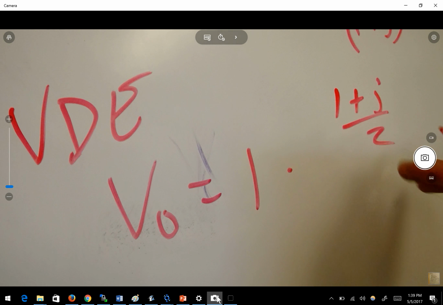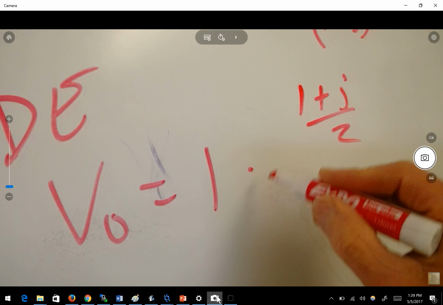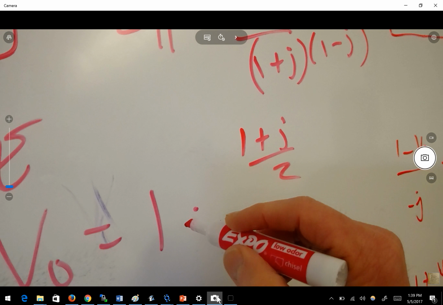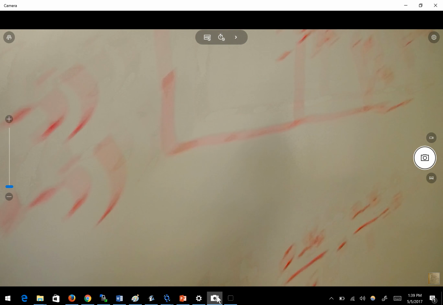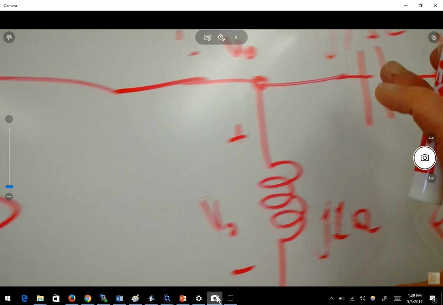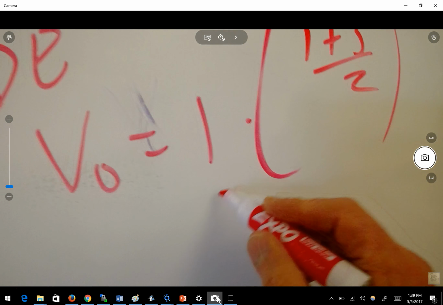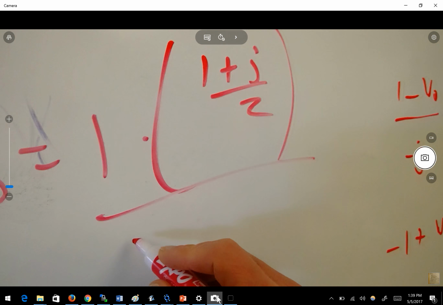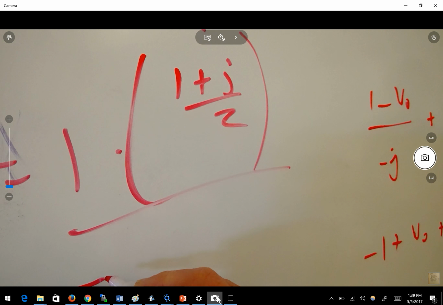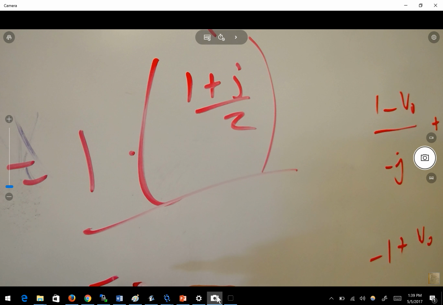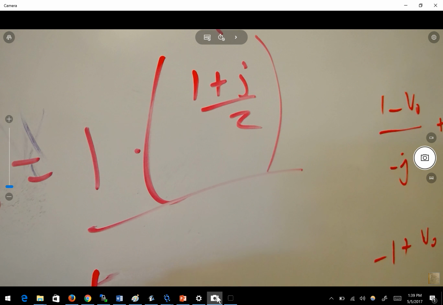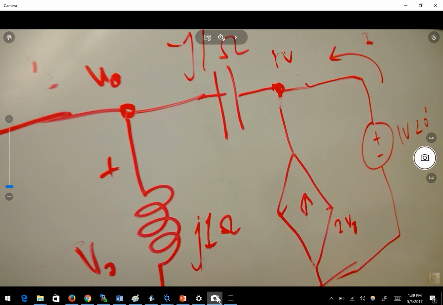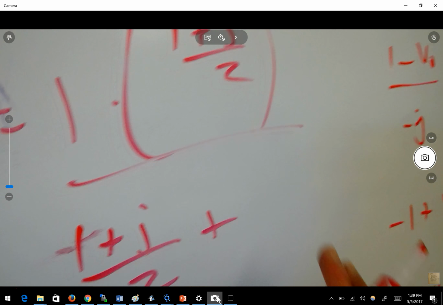So that becomes 1 volt times 1 plus J over 2, over, now we have to add the minus J to the Z parallel.